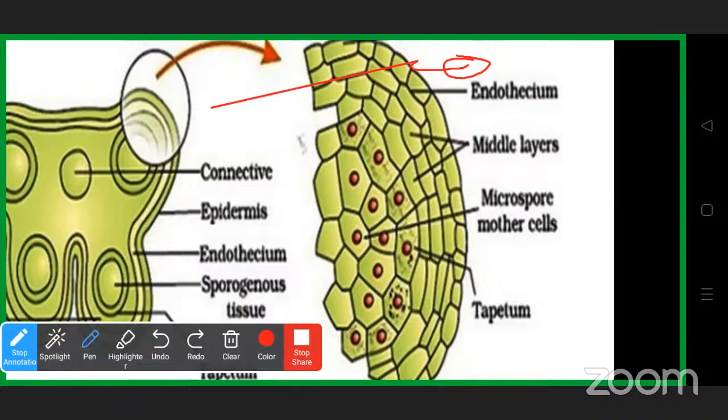And just below the epidermis, you see multiple rows of tissue, the endothecium, which give support, strengthen, and prevent damage to the microspore mother tissues.